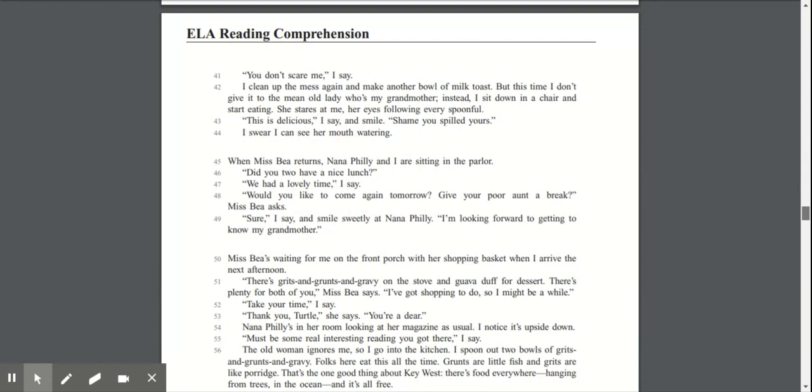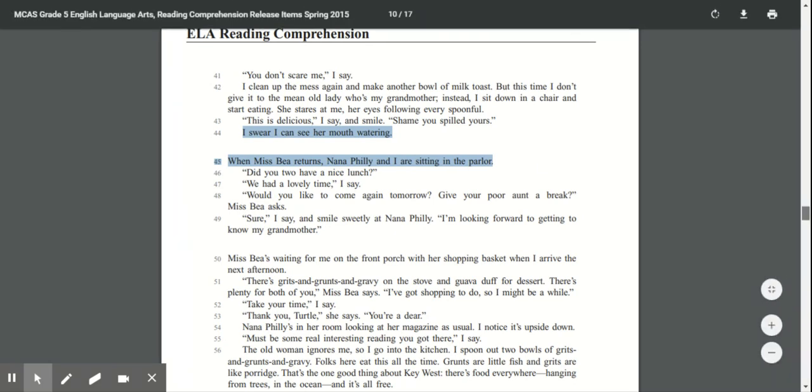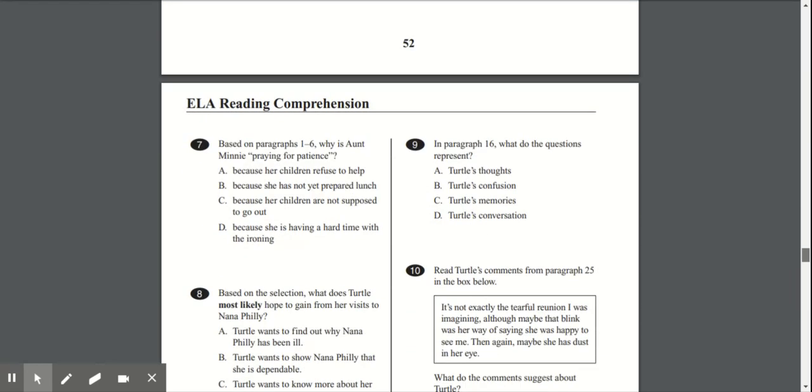If we go down to 44, 45, I swear I can see her mouth watering. So this is when Nana Philly didn't want to eat. And then this is when Miss B returns. So clearly, we are seeing some type of change in time.